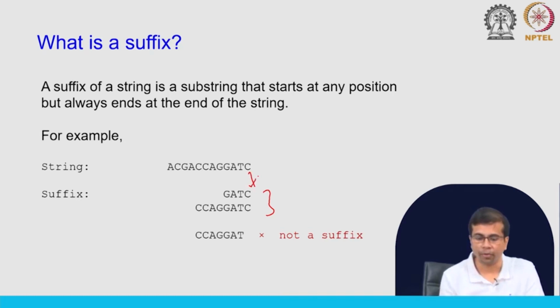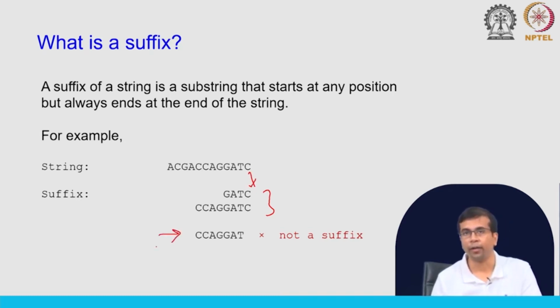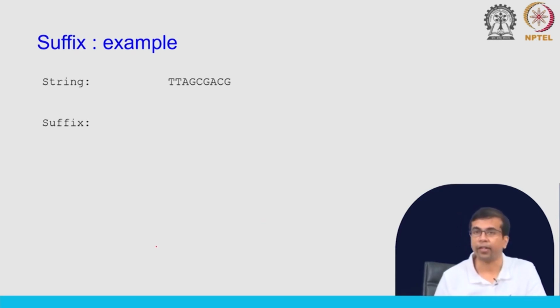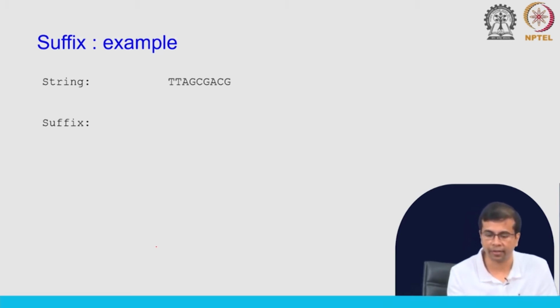But the one example below here, right, this one is not a suffix, right. Why? Because this does not end at the end of the string, right. So, it ends at the T, that is not the end of the string. Okay. So, I hope this is clear now what is a suffix of a string. So, we can take a very quick example, right, and we can write down the suffixes of this string, right. So, we have this here. So, we can have what are the suffixes.